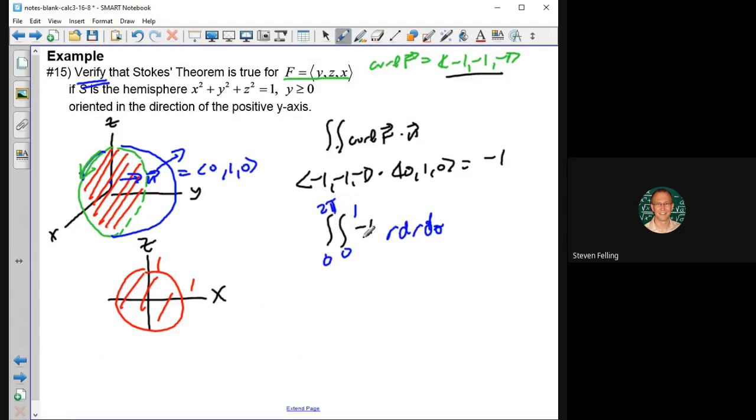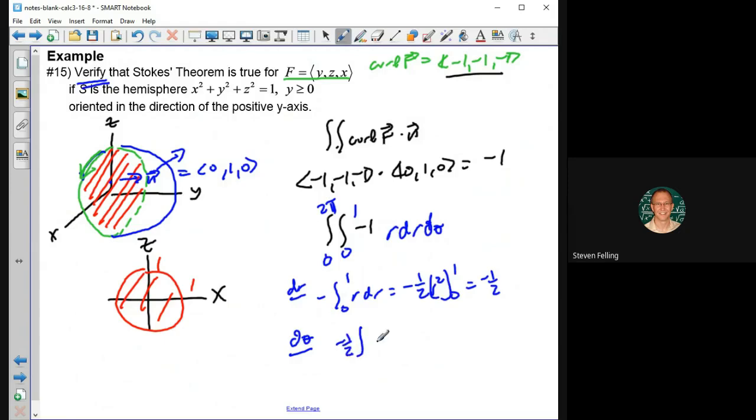And so we end up getting that the integral of this is, let's just do this one. The dr part would be negative integral of 0 to 1 of r dr, which is -1/2 r squared, from 0 to 1, which would just be -1/2, right?